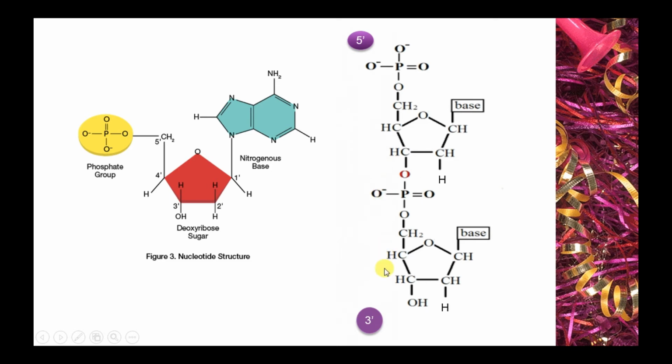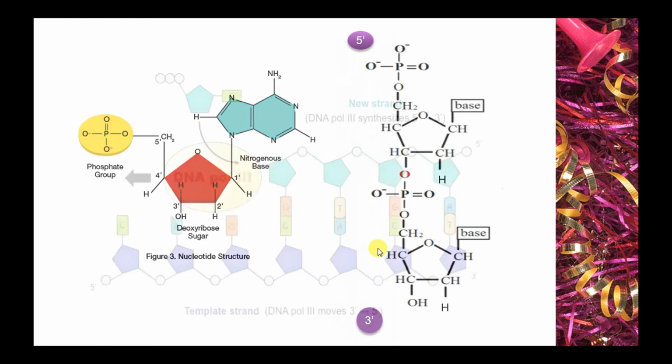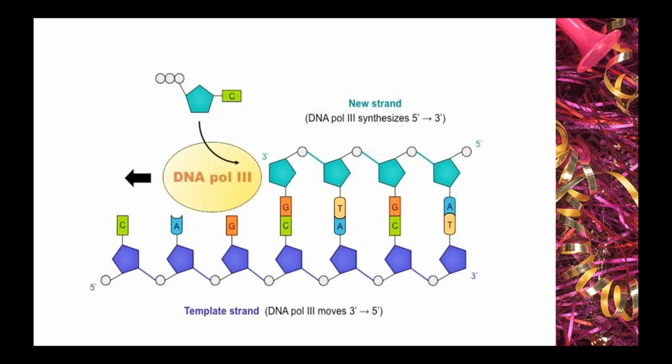The end which contains the phosphate group is the 5' end, and the end which contains the free hydroxyl group is called the 3' end. I am sure that you must have an idea about the 3' end and 5' end now.